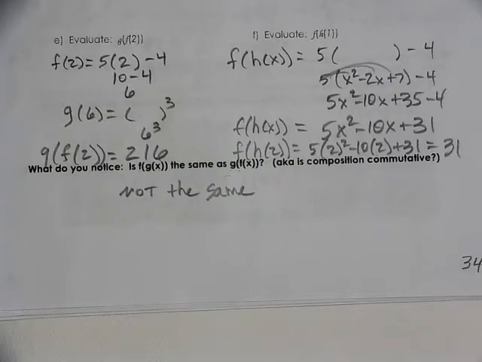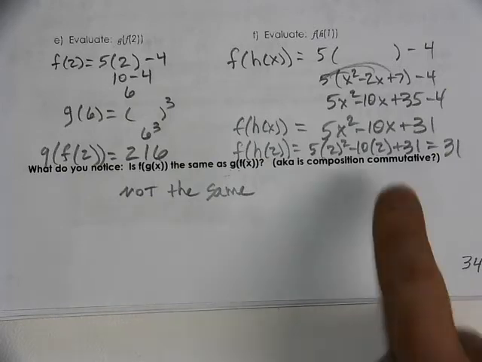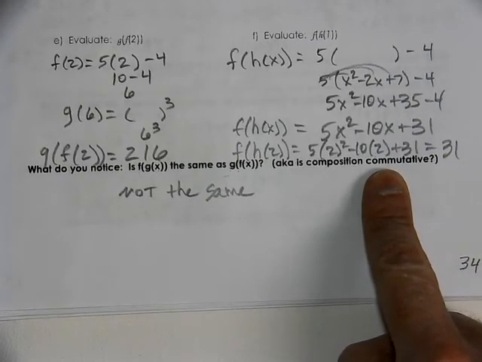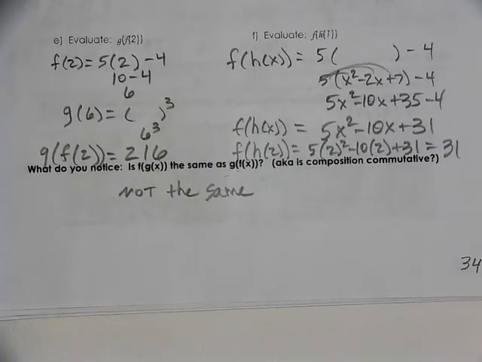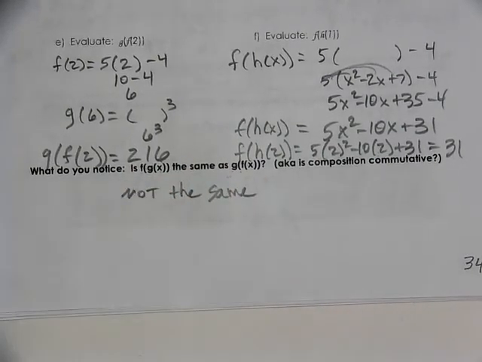Multiplication is 2 times 3 and 3 times 2. You can switch those. Addition is 5 plus 4 and 4 plus 5 give you the same answer. But subtraction is an example of not being commutative, because you can't switch in a subtraction problem. You can't do it with composition either.